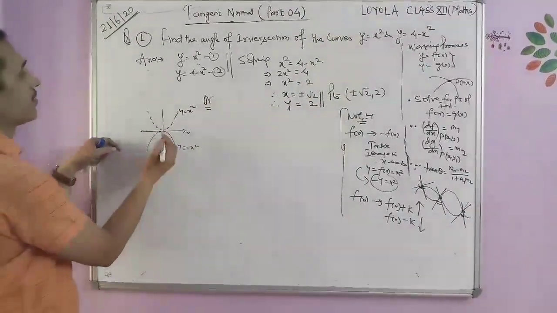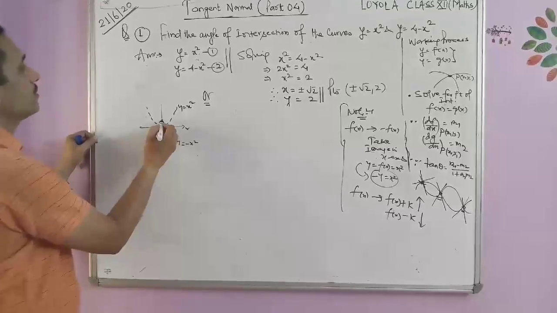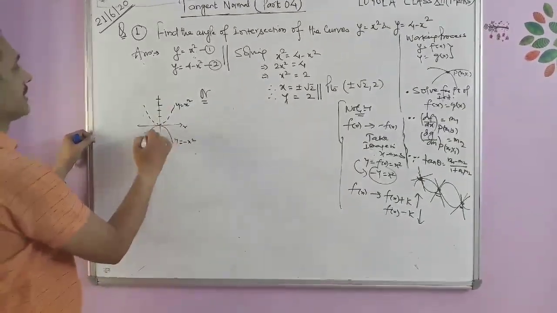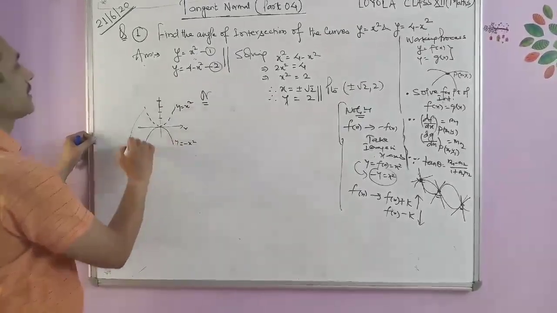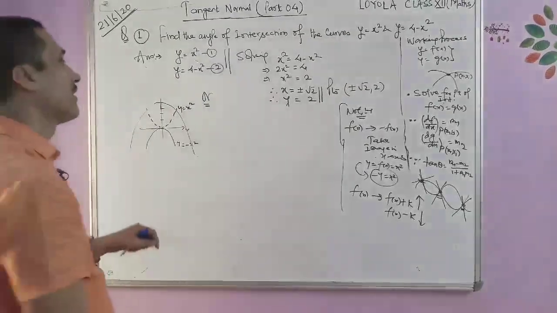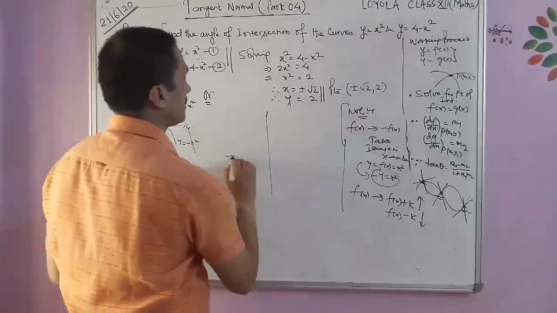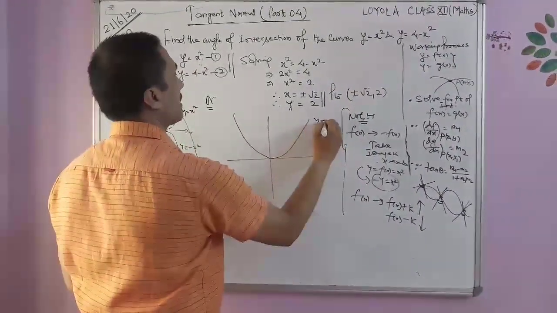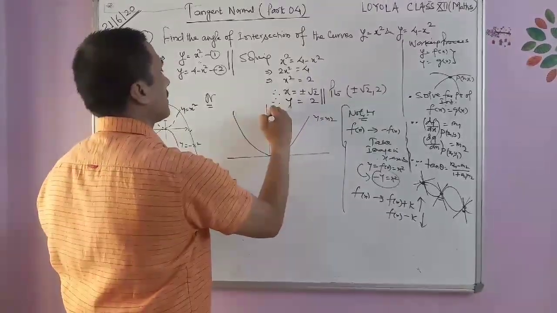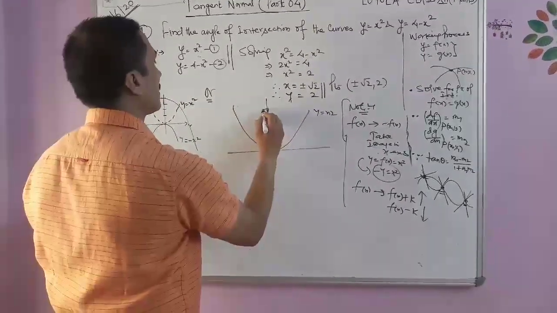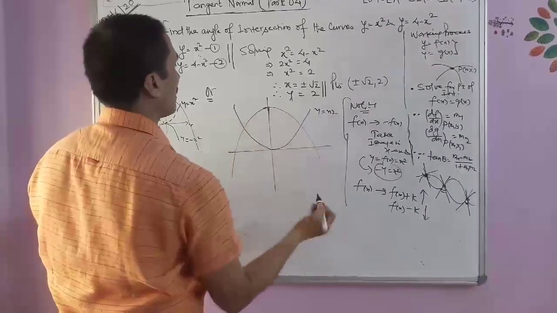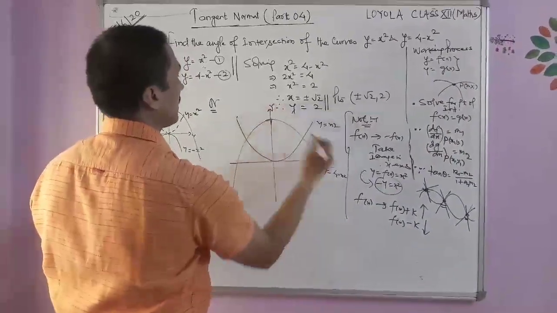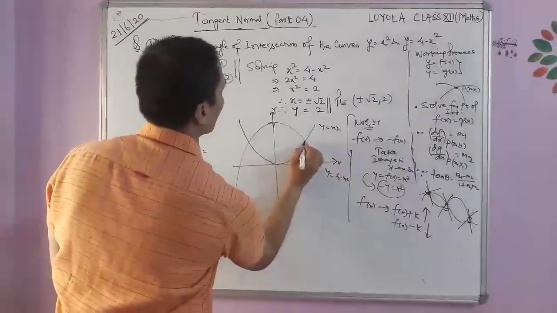This curve will be shifted 1, 2, 3, 4 units, and this curve will be here. Finally, this is our y equals x square, and this is y equals 4 minus x square, with the y-axis and x-axis clearly.